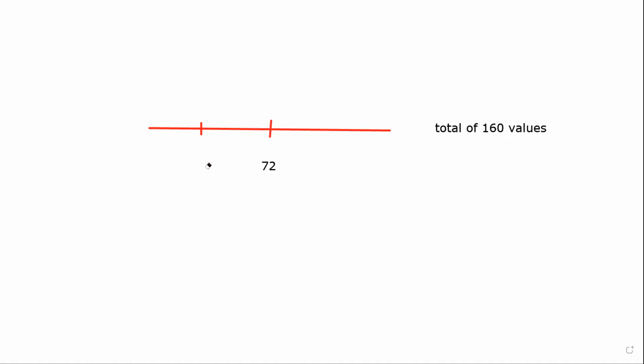I don't know how spread out this distribution is. Like, I don't know if they're one standard deviation apart or two or whatever, but I do know that 67 is over here. And I know that 77, I'm going to put it over here.